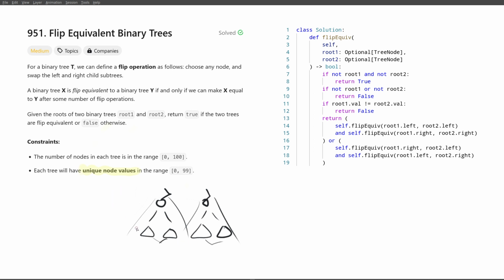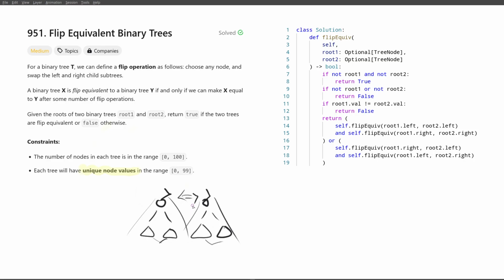One subtree here is flip equivalent with one subtree here, the other here is flip equivalent with the other here, and of course the values of the root have to be equal. And in that case we know that those subtrees are also flip equivalent, those big subtrees.